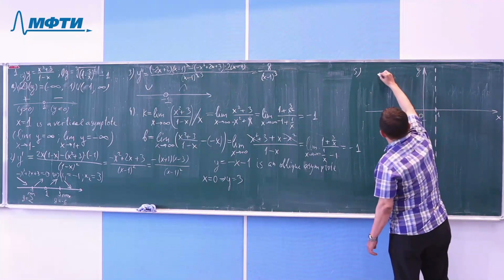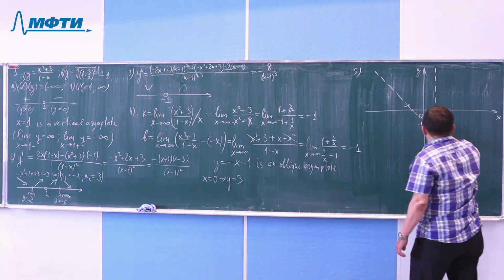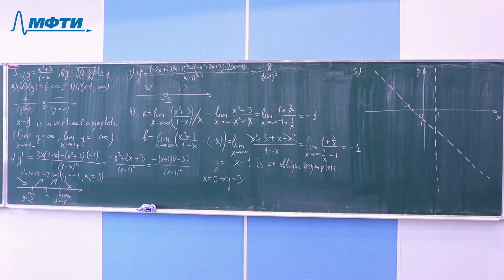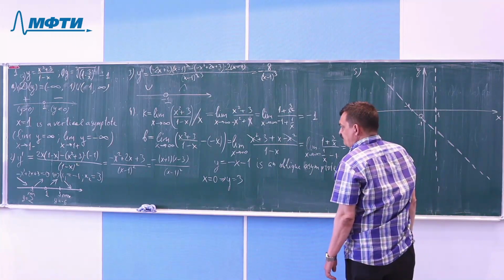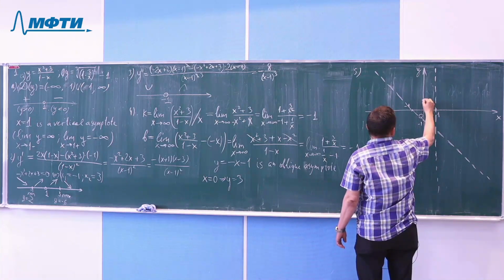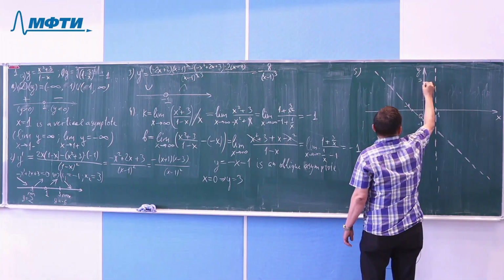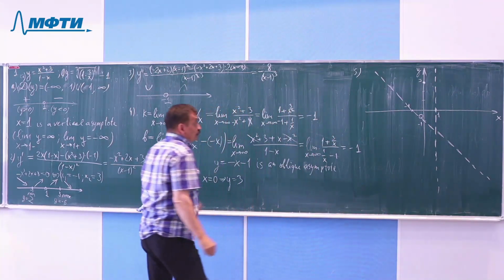So that is the oblique asymptote. And now we have an intersection point (0, 3). So 1, 2, 3, this intersection. That is a point of our graph.